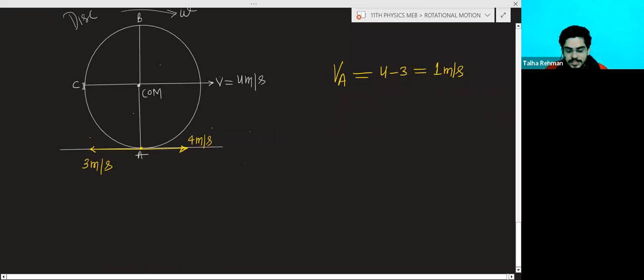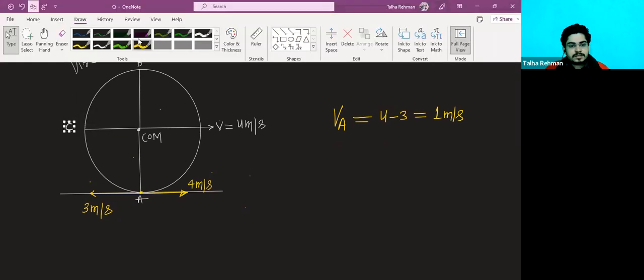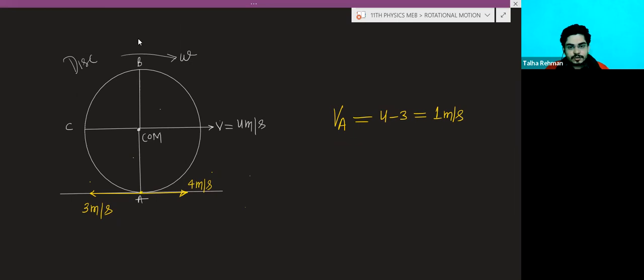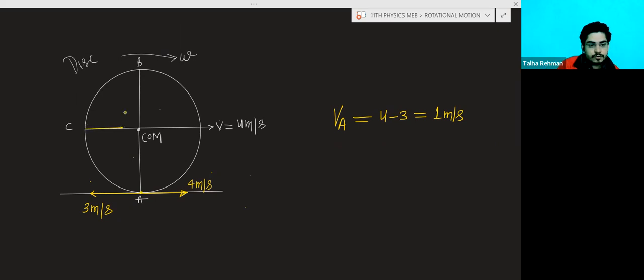Now at point C. At point C, the first velocity is the velocity of center of mass in this direction. That will be 4 meter per second.